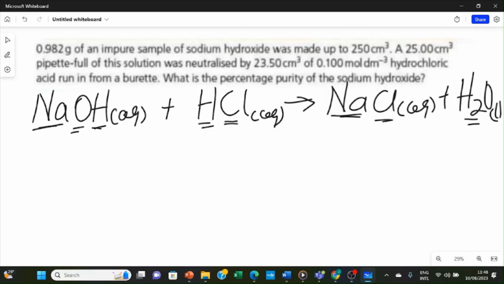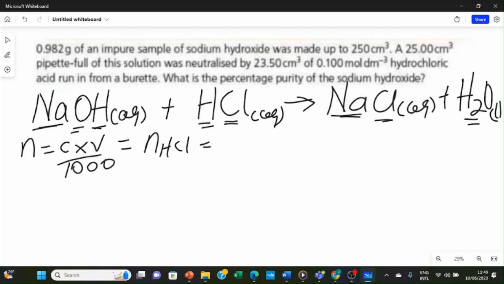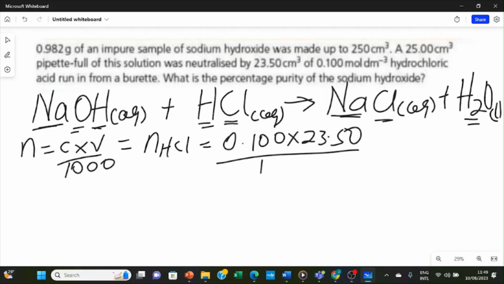The next thing to do is to calculate the number of moles of hydrochloric acid. Number of moles is equal to concentration times volume divided by 1000. So the number of moles of hydrochloric acid will be equal to the concentration, 0.100, multiplied by the volume, which is 23.50, divided by 1000, because the volume is in cm³.